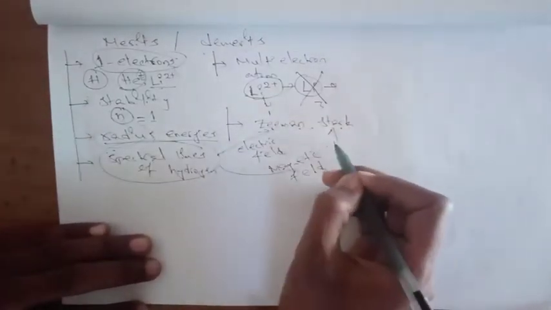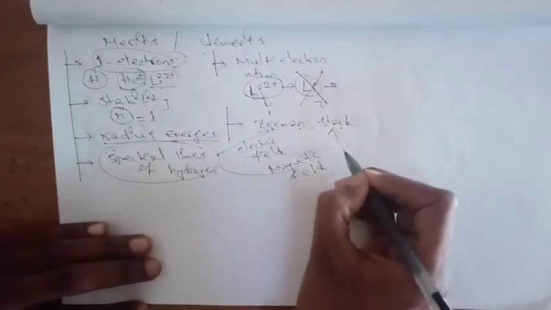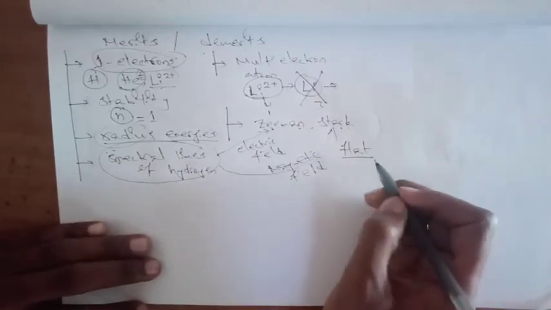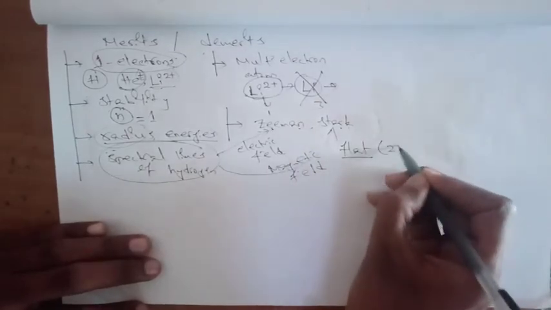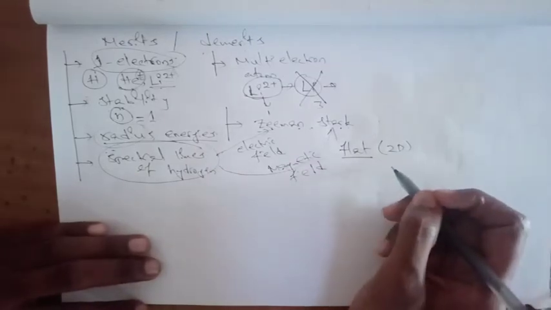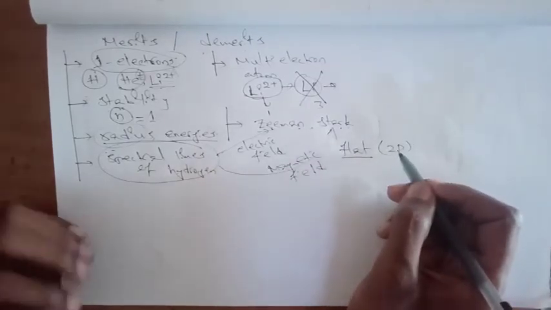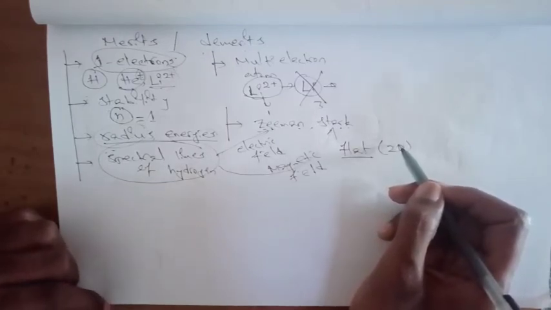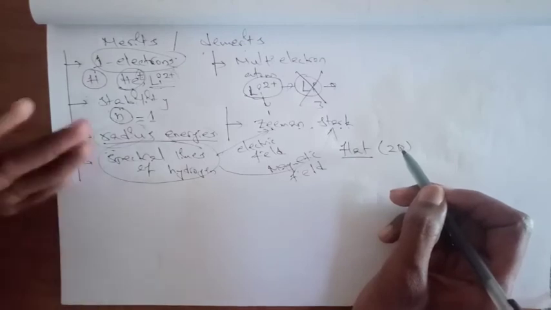Basically this Bohr model is a flat, 2D model. It is not able to specify the dimensions of atoms in three dimensions or more.